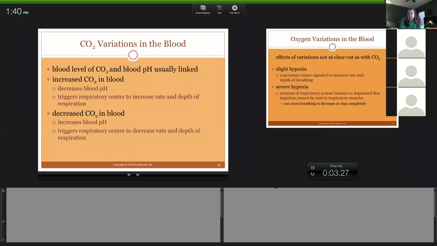So if I have an animal with a high CO2 and a low pH, that's called respiratory acidosis. Because the CO2 goes up, which forces my pH down. They're called inversely proportional. To fix that situation, the brain tries to initiate more ventilation, more often and more deep, to get rid of CO2. If the animal breathes more, CO2 comes back down, and pH should go back up.